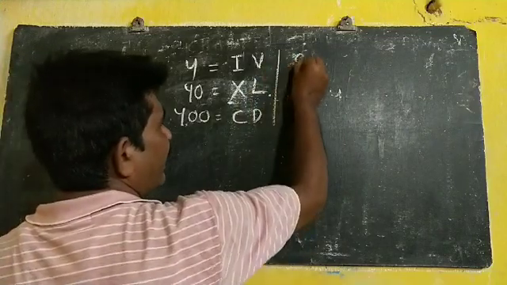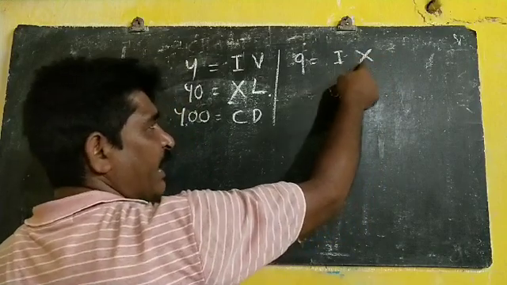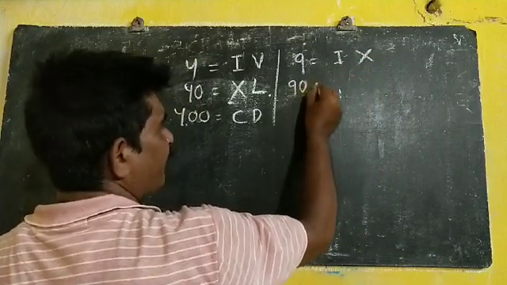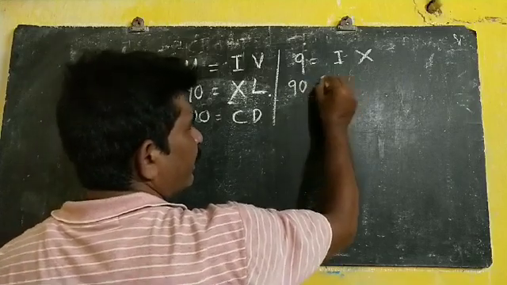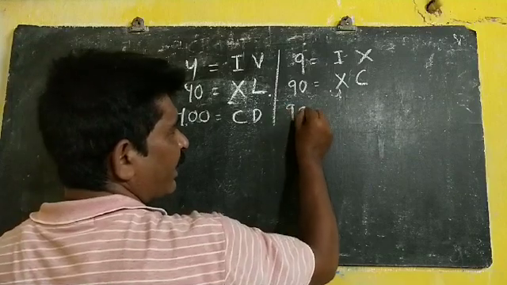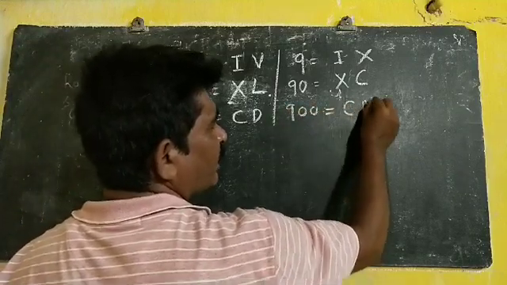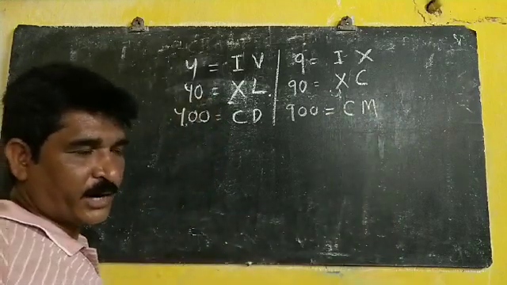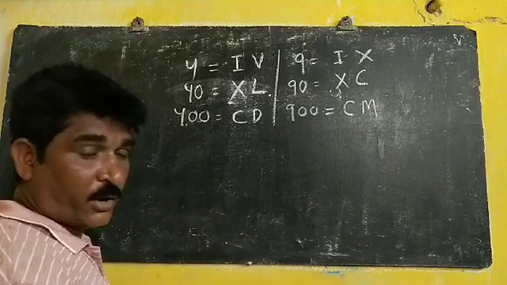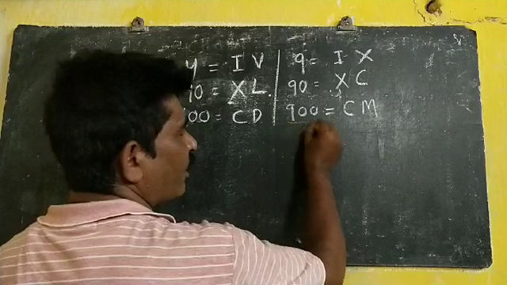Similarly, 9 is IX: 1 rupee take and 10 rupees give. Then 90: 10 rupees take and 100 rupees give. Then similarly 900: 100 rupees take and 1000 give. Suppose I am taking 100 rupees from you and give you 1000, it means I am giving 900 to you.